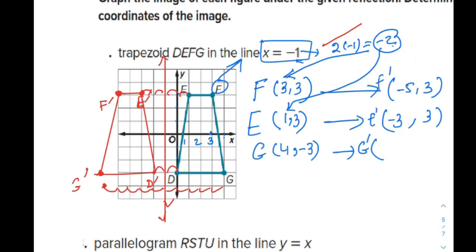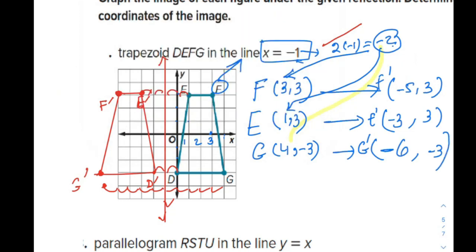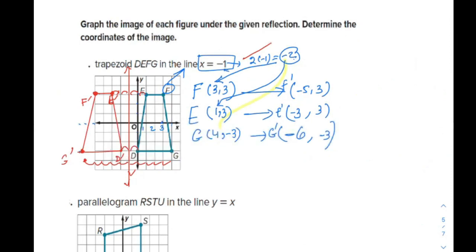G prime will have exactly the same y position. For x, 2 times -1 is -2, and -2 minus 4 is -6. So -6 and -3 will be our position. You can continue and check for D as well the same way.